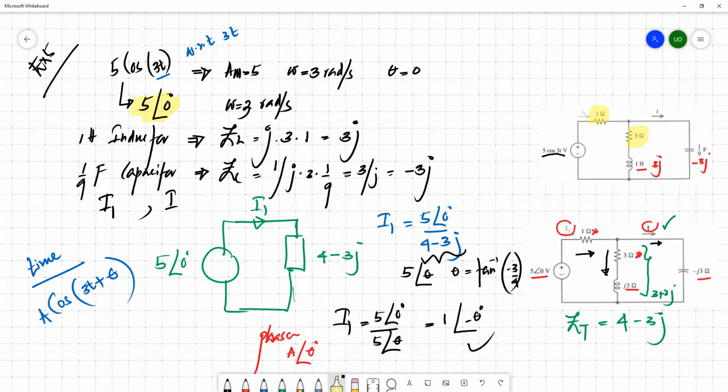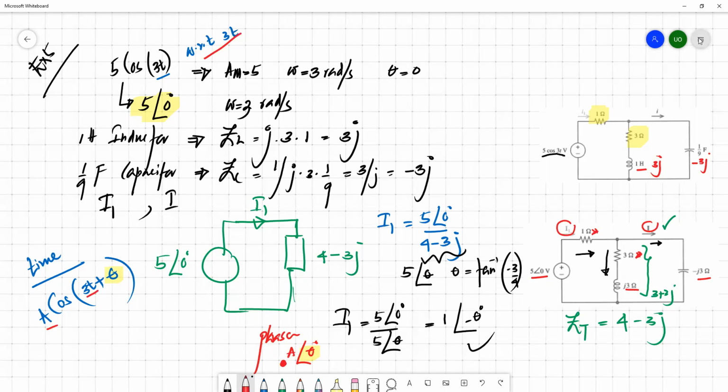So this is here, and this is the reference, and this is the amplitude appearing here. So nothing else. Okay, hope it's clear.